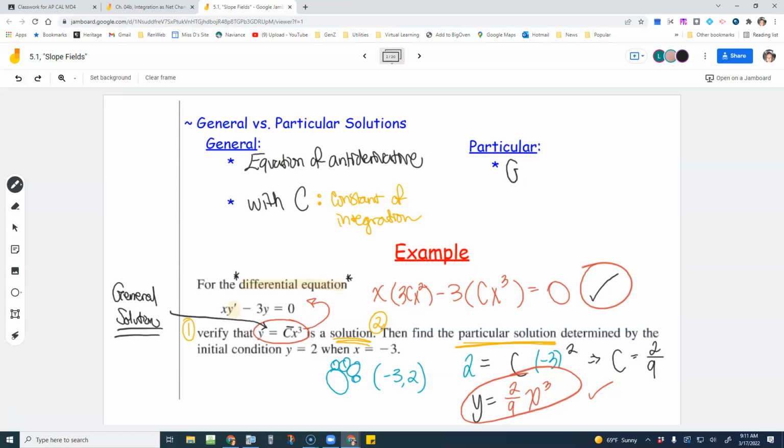It's the general solution with, what's particular? The C is particular.